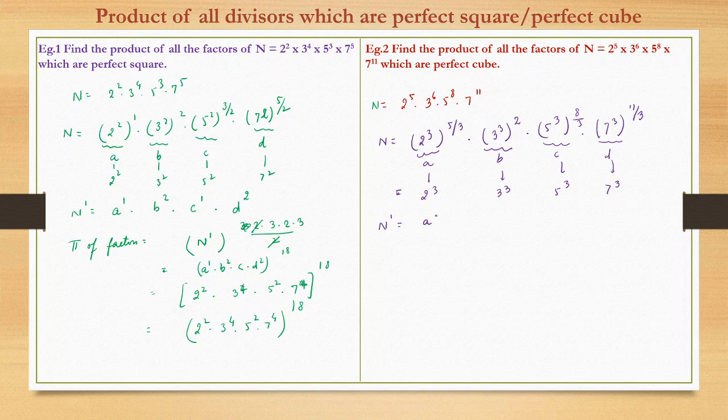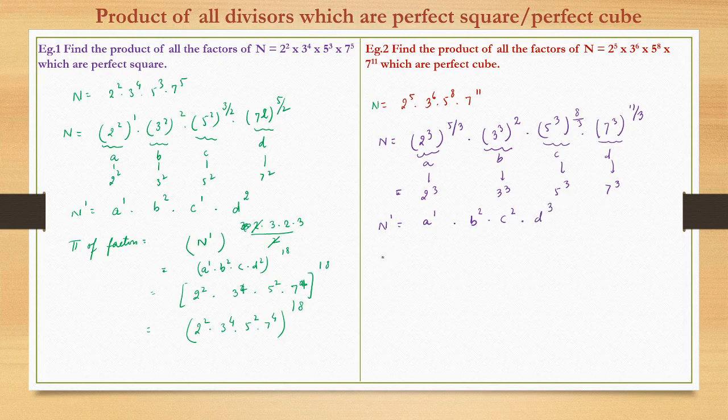So that is why we write A raised to power 1 into B raised to power 2 into C raised to power 8 by 3 is 2 point something, so we write C square, and D raised to power 3.